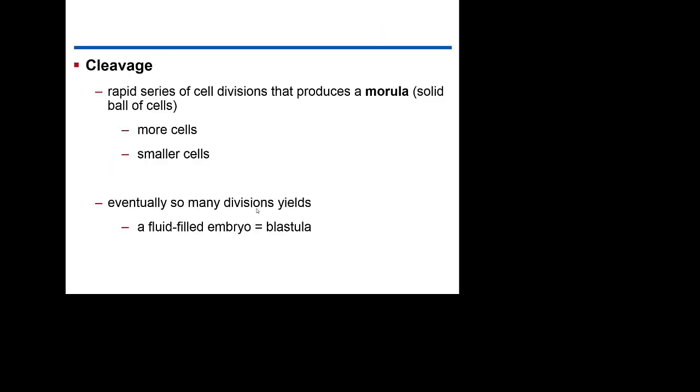Cleavage is simply division. In this case of embryonic development, we look at very rapid cell division. So we start with a single cell, a fertilized egg, and we're going to cut it in half, and cut those in half, and cut those in half, and so on.